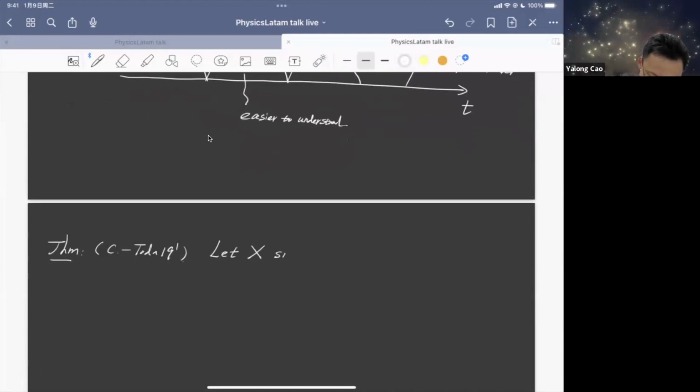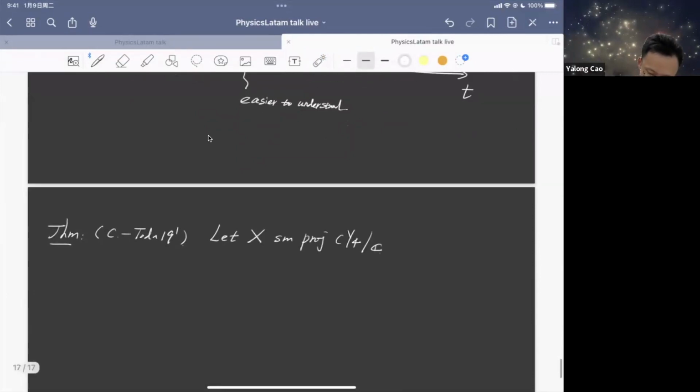Let X be as before, a smooth projective Calabi-Yau fourfold over C. Then for a general choice of t, where general means, if you fix a curve class and Euler characteristic n, it is outside a finite number of points, this space is a projective scheme.